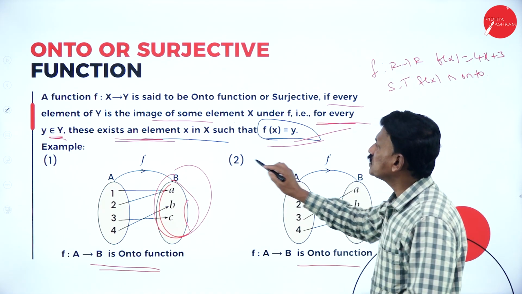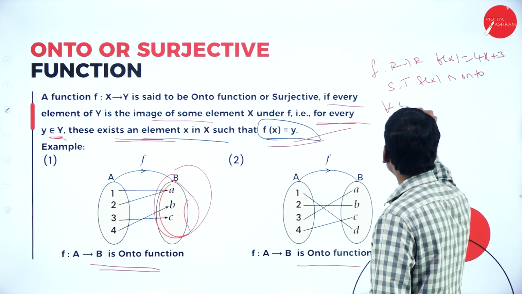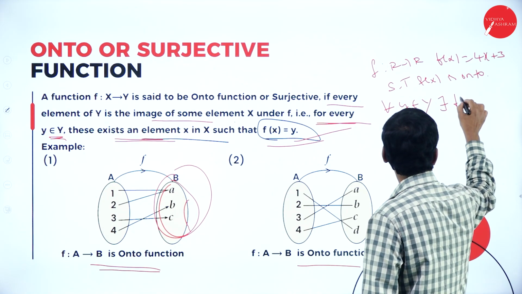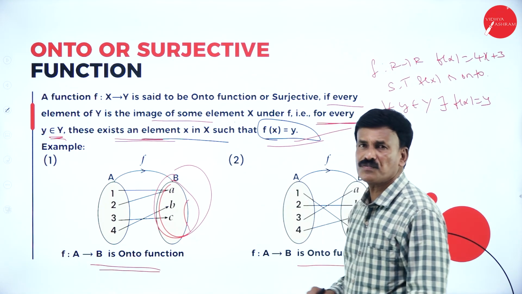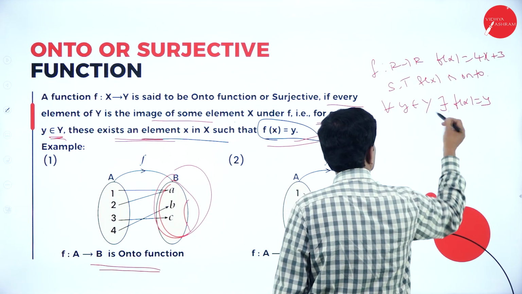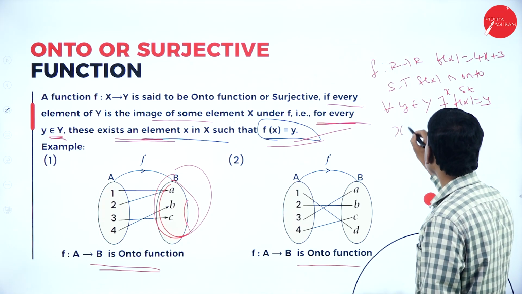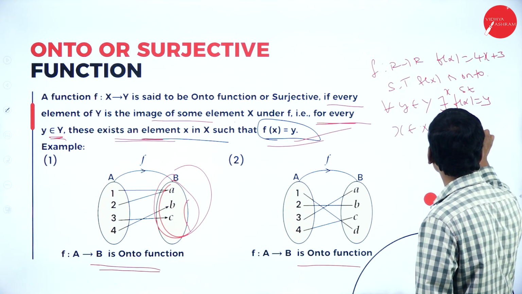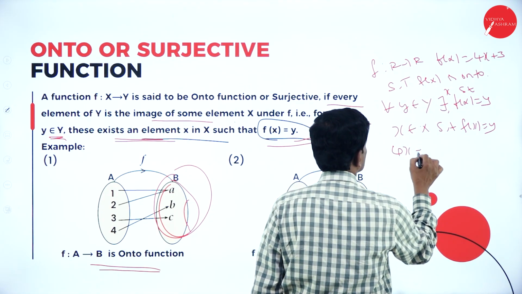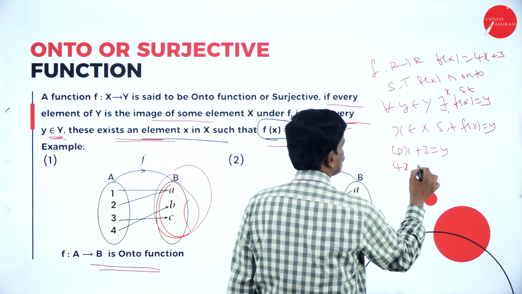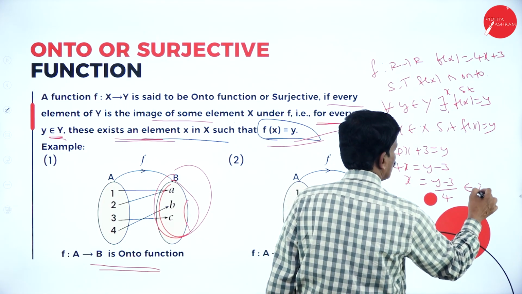According to the definition, for every y belongs to Y, there exists an x in X such that f(x) is equal to y. Now what is f(x)? f(x) is 4x plus 3 is equal to y. So 4x is equal to y minus 3, x is equal to (y minus 3) by 4, which belongs to R.